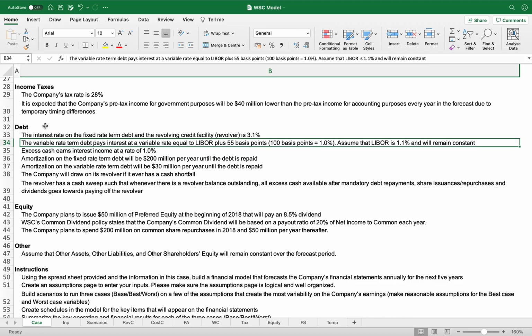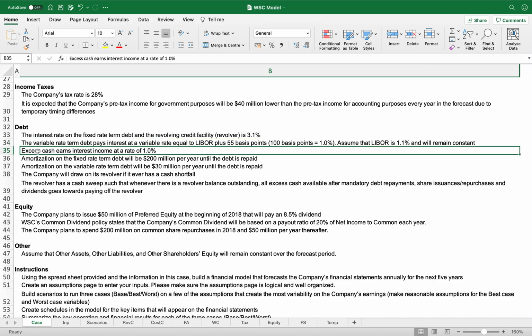The case study further says to assume that the LIBOR is 1.1% and will remain constant. So if the LIBOR is 1.1%, what is my total variable interest rate? Is it 1.1% only? No, it is 1.1% plus 0.55%. All right, so we'll see that computation.